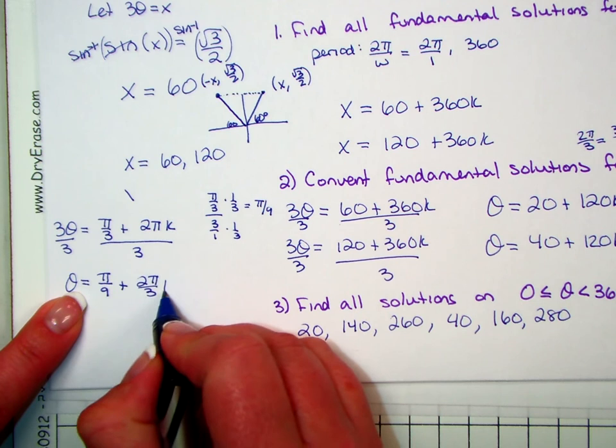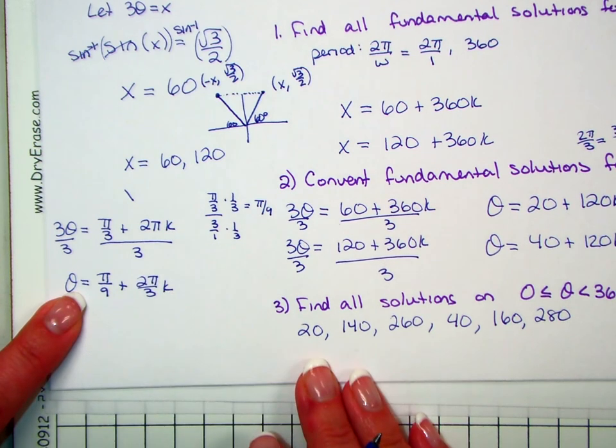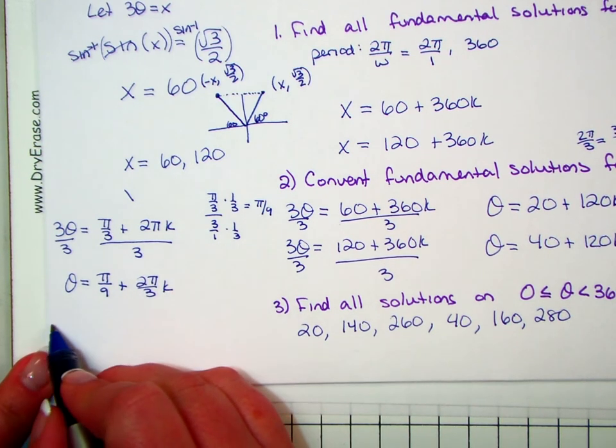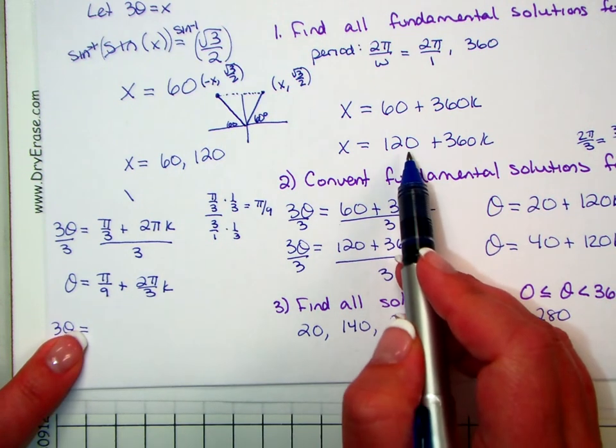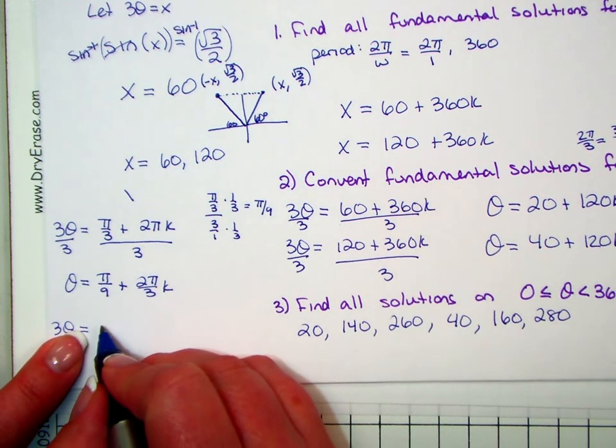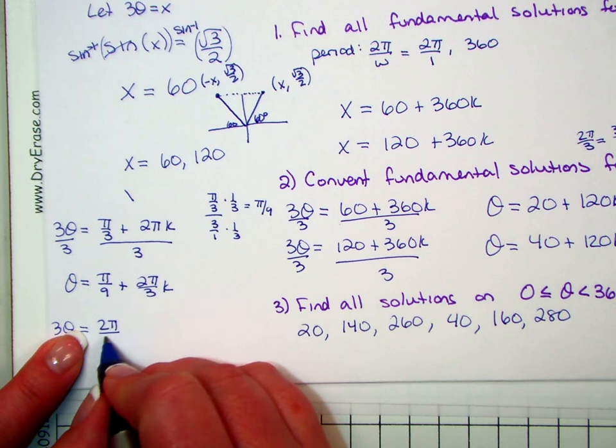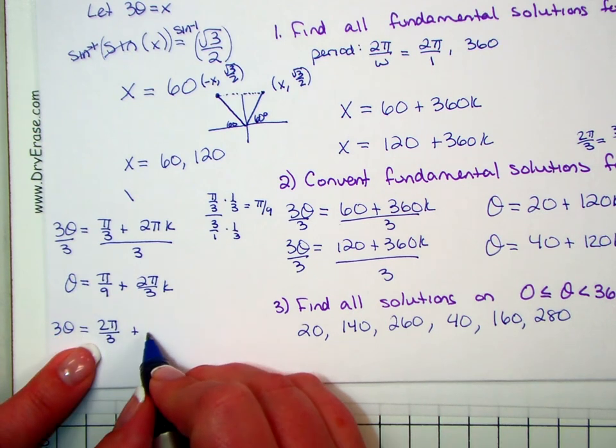It doesn't simplify. Okay. So I can do the same thing for the other fundamental solution. 120 is 2 pi over 3, plus 2 pi k.